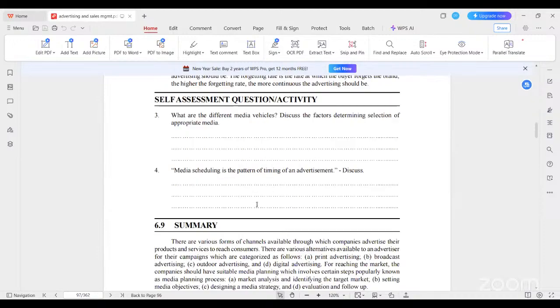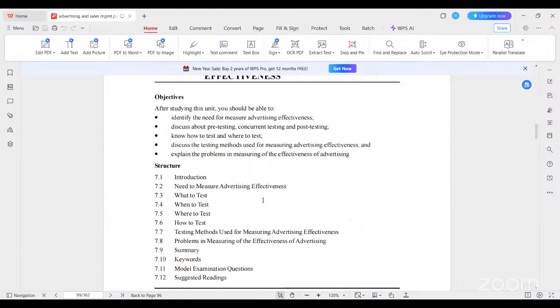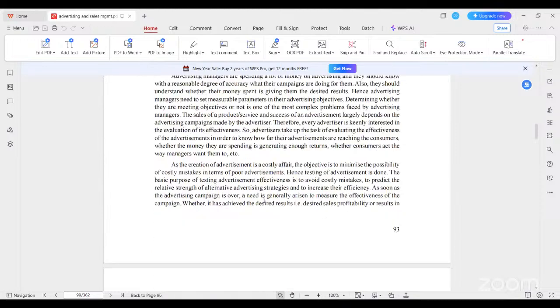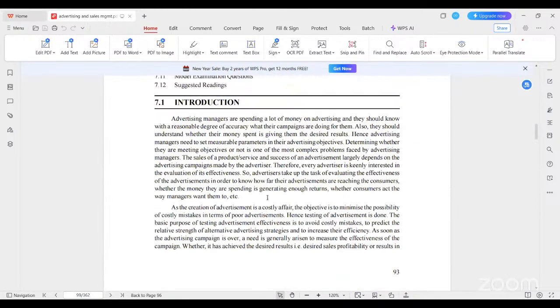Next one, measuring advertising effectiveness. First, let us understand what advertising effectiveness is.